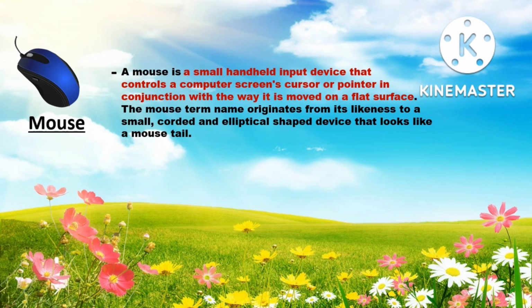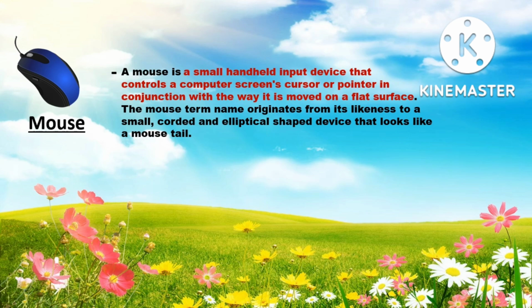So, here similarly, a mouse is used to join you with the computer. The mouse name originates from its likeness to a small corded and elliptical shaped device that looks like a mouse tail. But nowadays, we also have many wireless mouse.